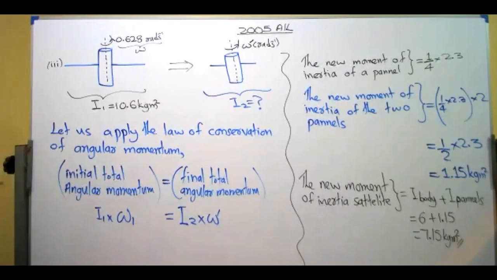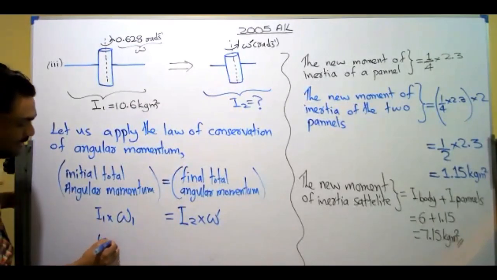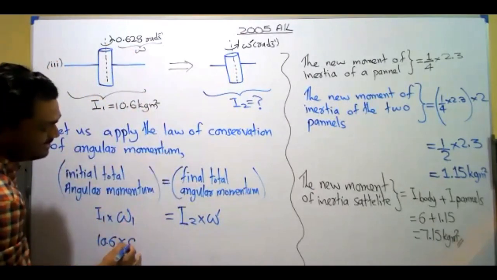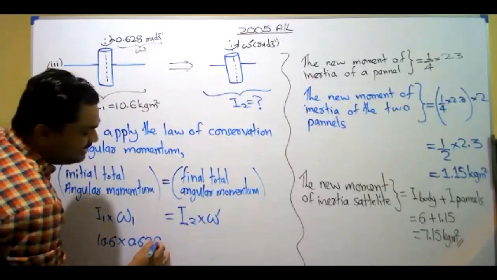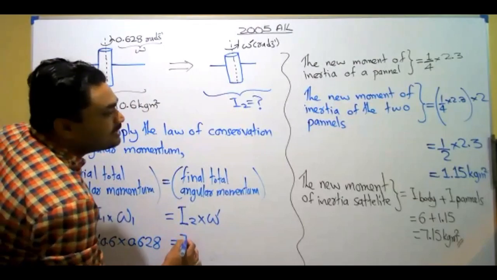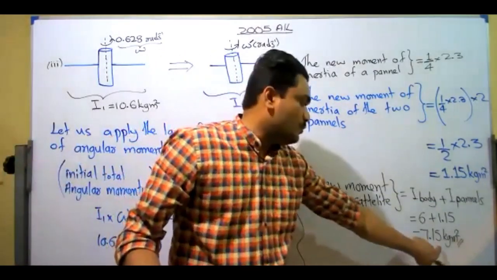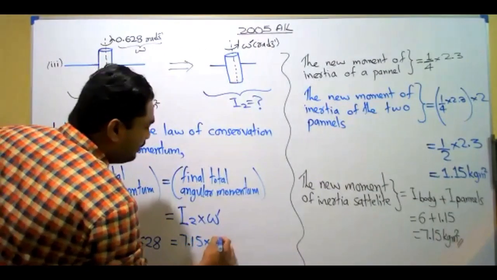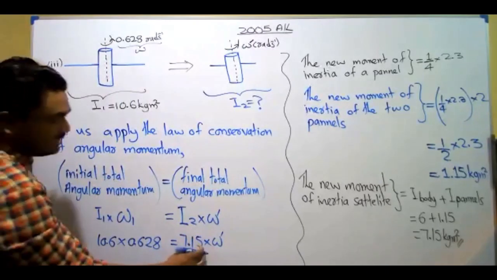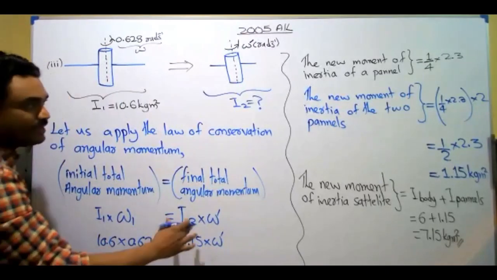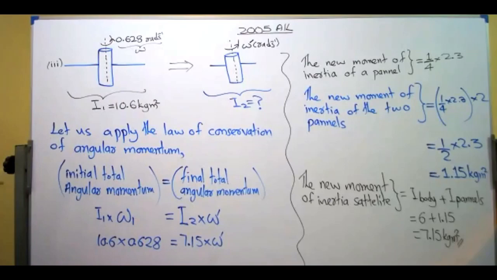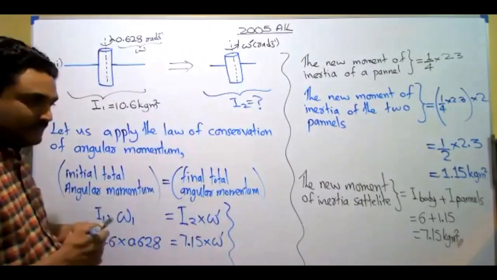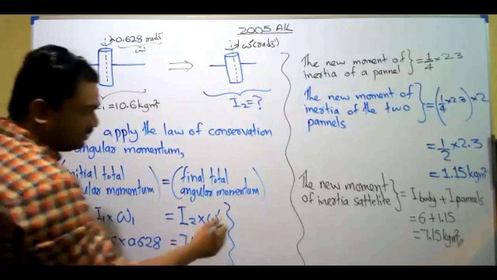Right, I1 is 10.6, omega 1 is 0.628, I2 is 7.15 into omega dash. Just take 7.15 to this side, then you can find omega dash. As I do not have enough space, I'll write the next step here.